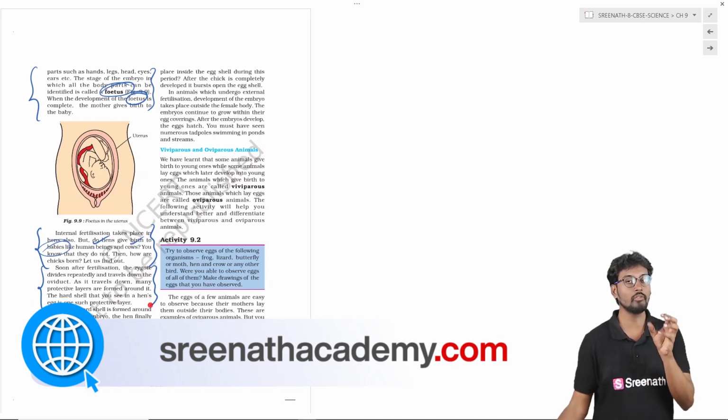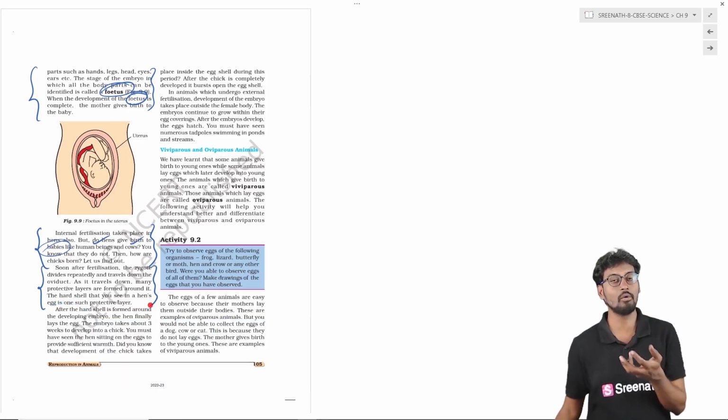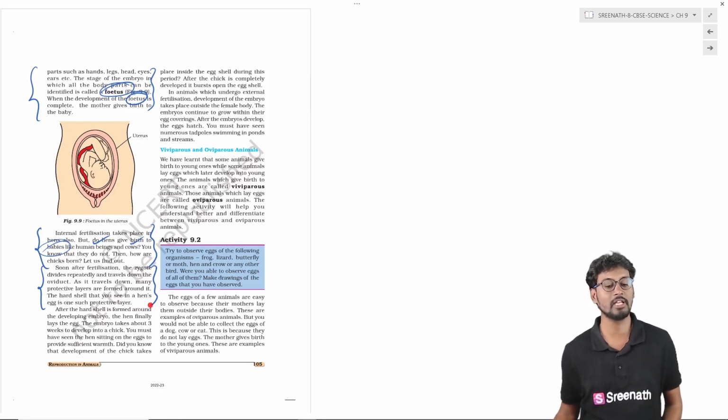Along with the sperm, the egg is laid down within the protective layer of a very hard shell, and it is there that fertilization takes place.